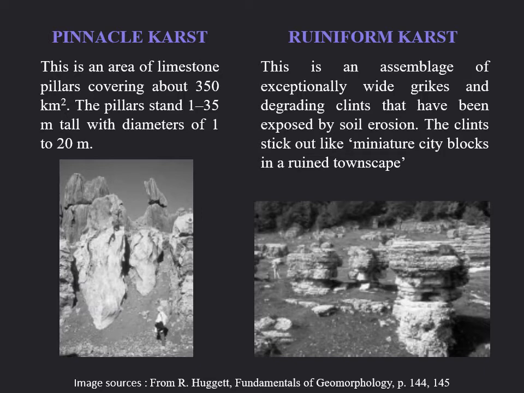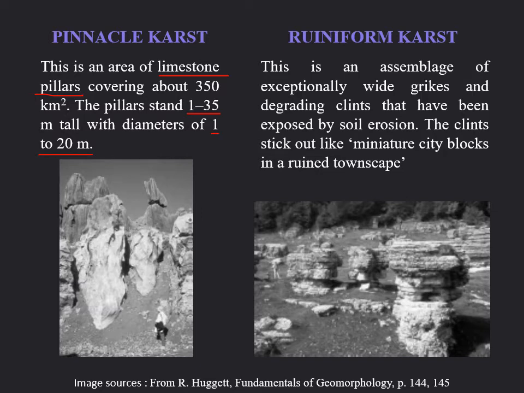So often it is found that instead of those grikes and clints, we find some limestone pillars when the chemical weathering is more intense. And it is particularly found in China, where these kinds of pillar-like structures, often of height about 1 to 35 meters and diameter of about 1 to 20 meters, are found.